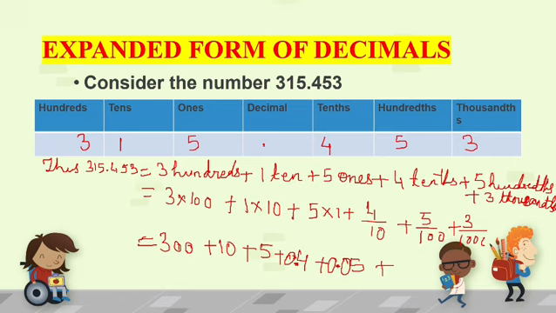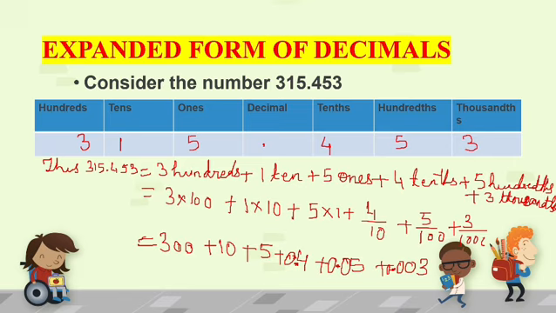Then in the last one, 3 zeros are there in 1000. So it will be 1, 2, 3, and then there will be a point. So it will be 0.003. Here will be a 0. So this is how the decimal representation of the number can be done.